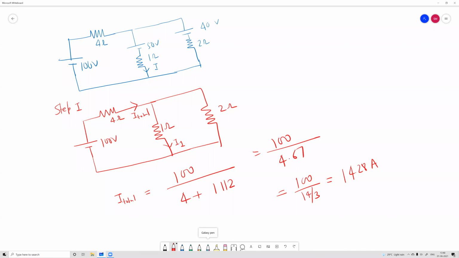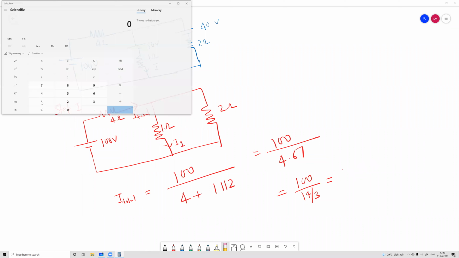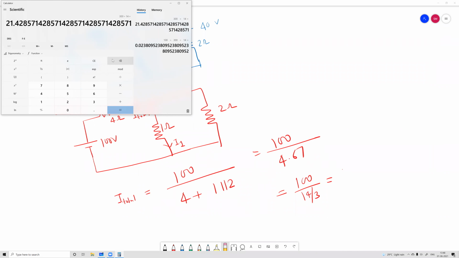This current will be 100 divided by 14 by 3, which is 300 by 14, so 21.4 amps.